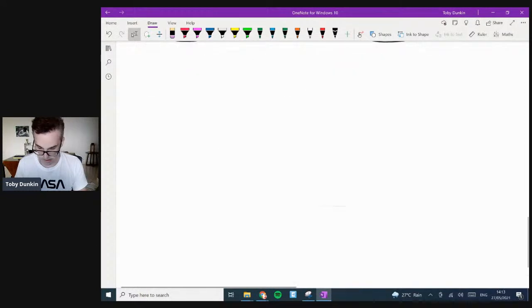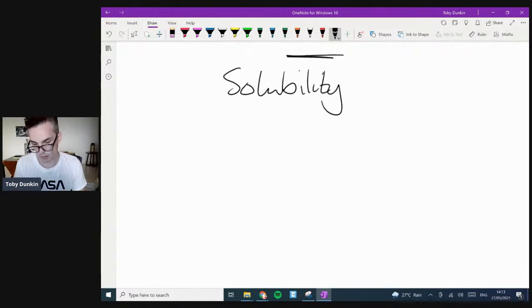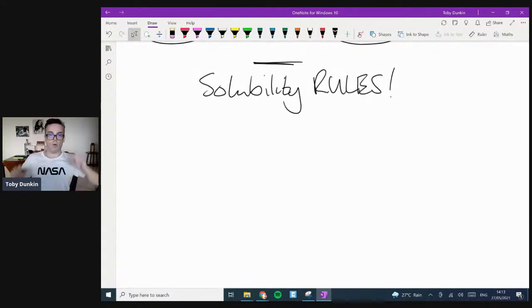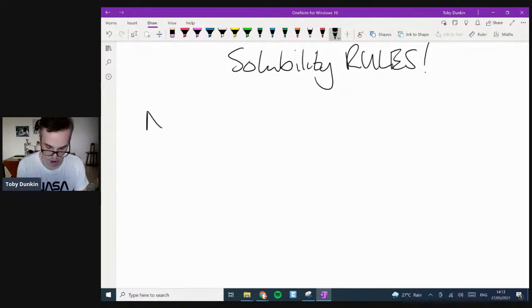Right. So, solubility rules. Solubility rules are how you know if something is going to dissolve. So, the first rule here is just to mention NUGSAG.